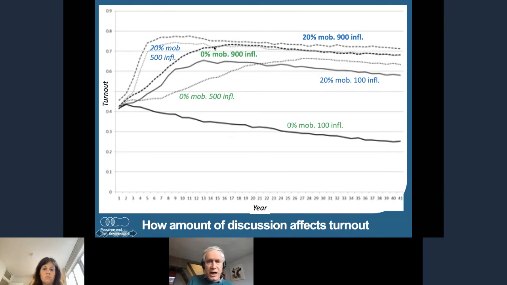And then if you have higher, these two are the middle ones. Then these two italic ones are the medium level of social influence with higher level mobilization, and the highest level, which is a combination of high mobilization and social influence.